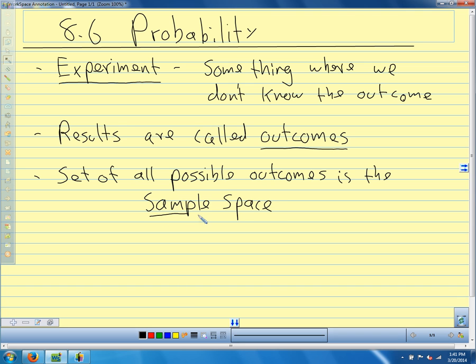So if we were flipping a coin and rolling a die, the sample space would be every combination of heads and tails and the number 1 through 6. That would be our sample space. All of those possibilities would be our sample space for that particular experiment.